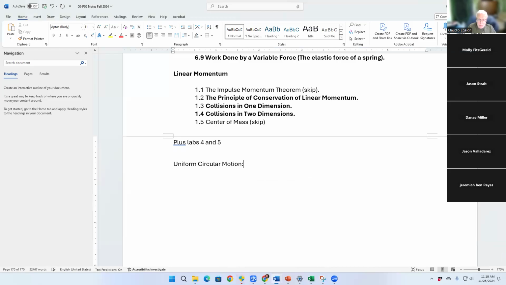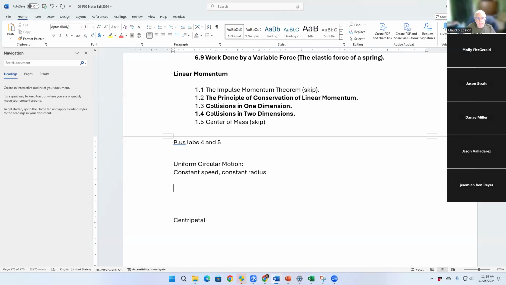Well, centripetal acceleration. But before, what's the definition of uniform circular motion, right? Constant speed, constant radius, right? That's what you have.